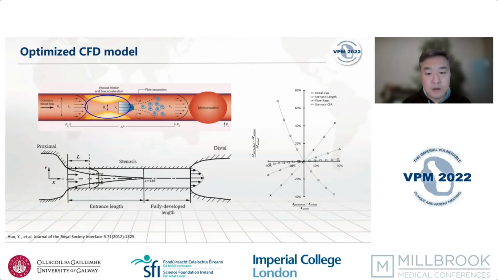About 10 years ago, I found that the flow velocity has an effect on the FFR. Maybe it can occupy 35%.